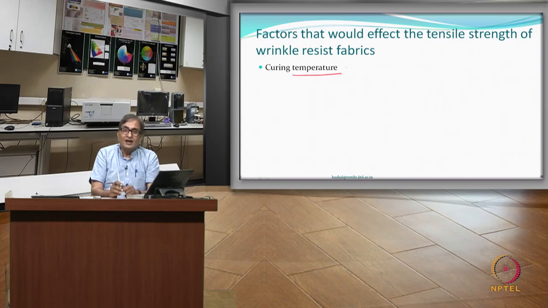People would always like, can I complete this process at a lower temperature, instead of 150, can I complete in 130, can I complete in 140? If you can reduce the optimum temperature by 10 degrees, you will find the strength and other properties are going to be better. But then we have a situation, we have to complete a chemical reaction versus we have to also worry about the tensile properties or deterioration of the fabric itself.